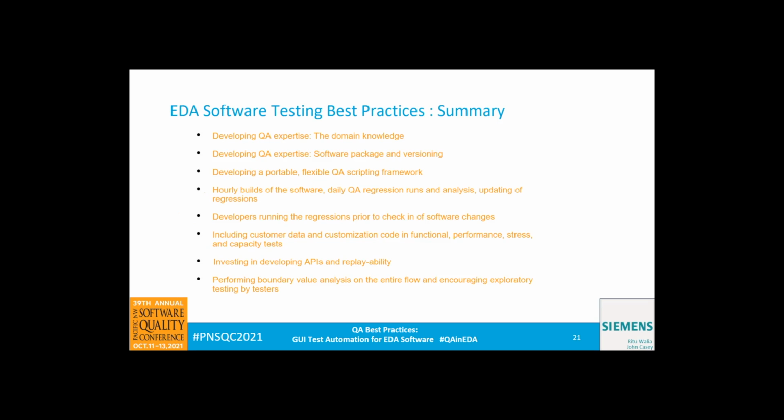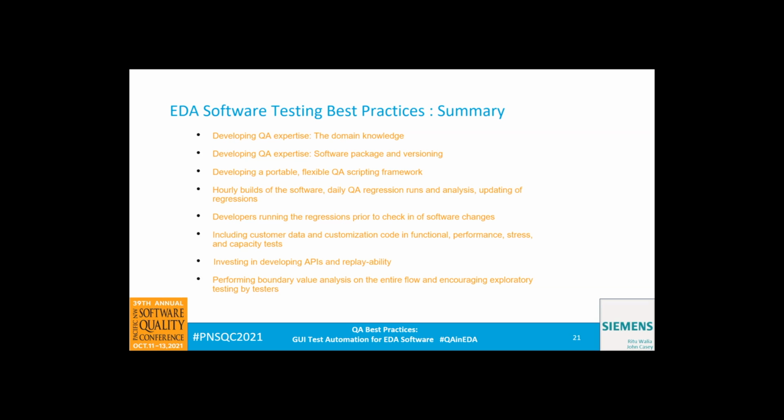So to summarize, it becomes extremely important to invest time in developing QA expertise in the chip design domain and use that to guide testing of the individual tool and the whole design flow. This also includes developing QA expertise in software packages used and using that knowledge when testing data entry.